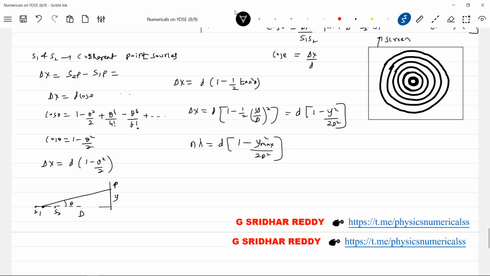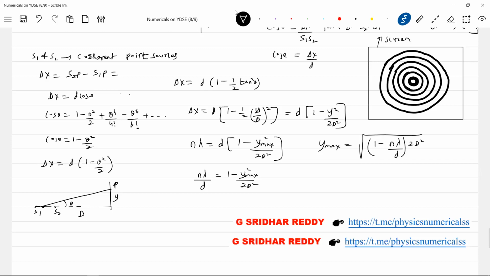Further simplification of this gives n lambda, capital D, y max is equal to 1 minus n by lambda small d, capital D. If you want, we can take it outside.